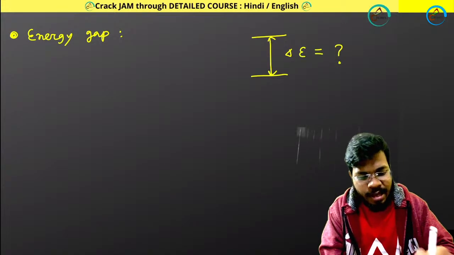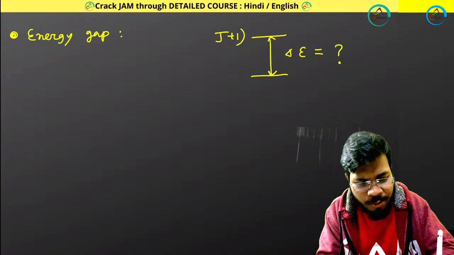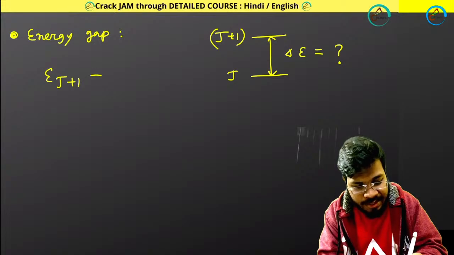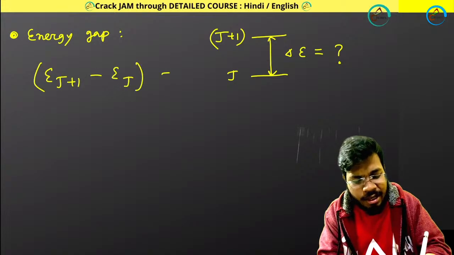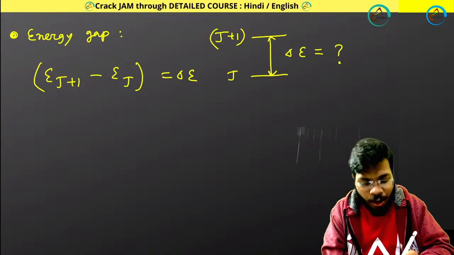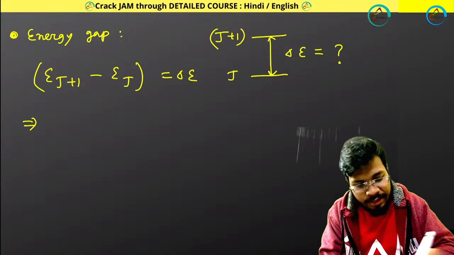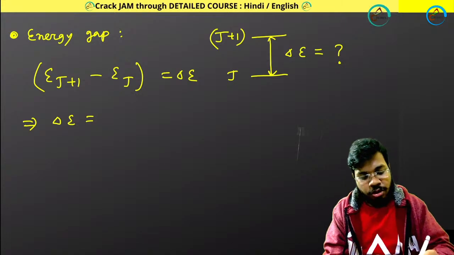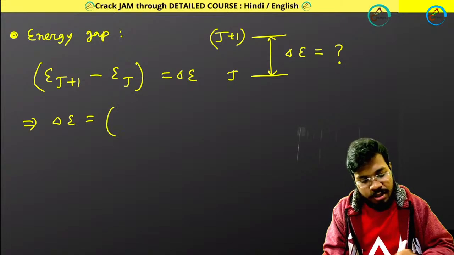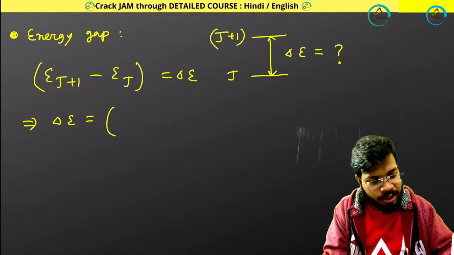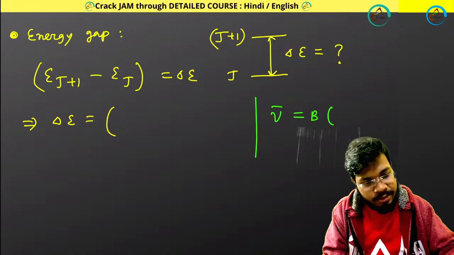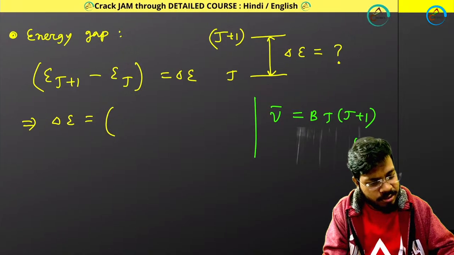It's very easy. Suppose this is your j plus 1 level, and this is your j level. So energy for j plus 1 minus energy for j will be the energy gap, delta E. Delta E can be calculated this way. You know the expression for E, here nu bar equals B j into j plus 1, in centimeter inverse.